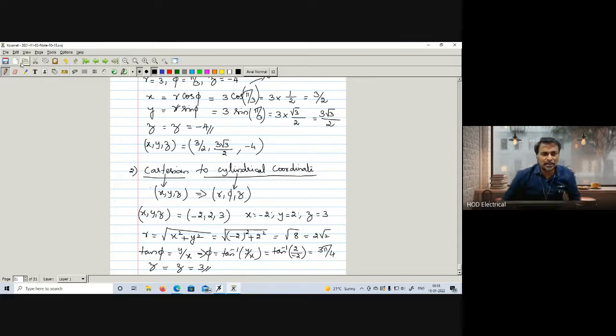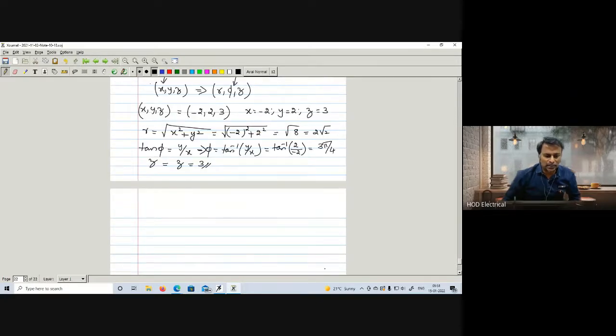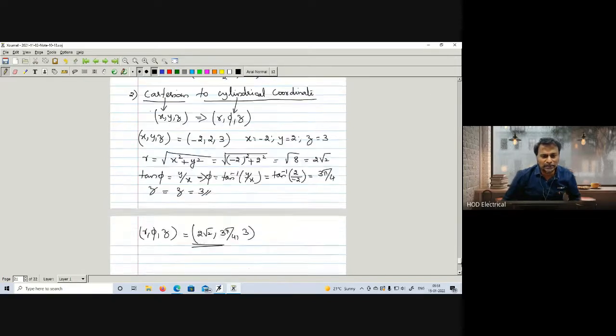Then we end up with all the variables. So we can write (r, phi, z) is nothing but 2 root 2, 3 pi by 4 and 3. So this is what we can do. How to convert both the cases.